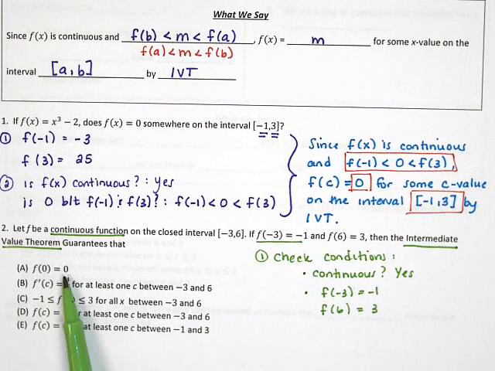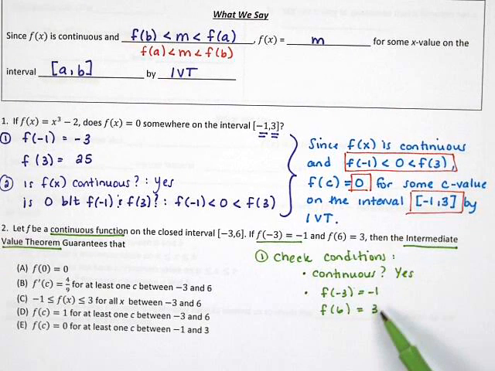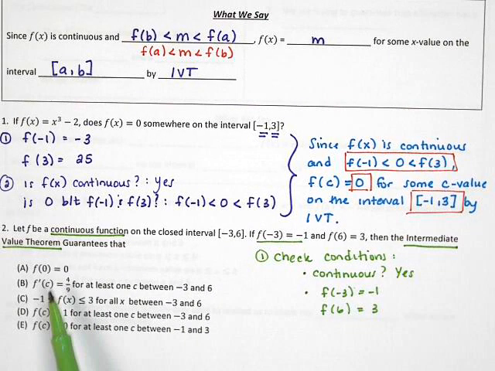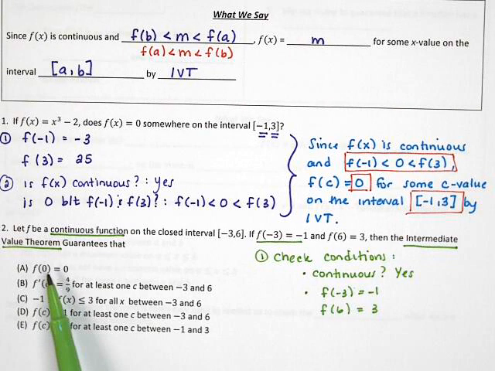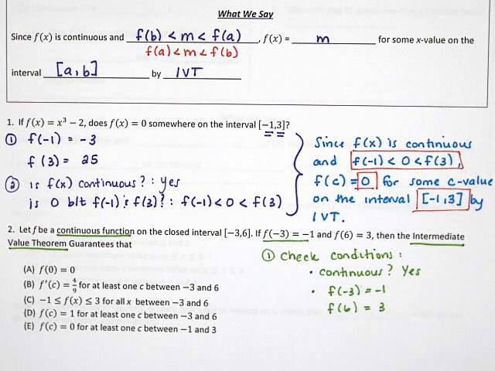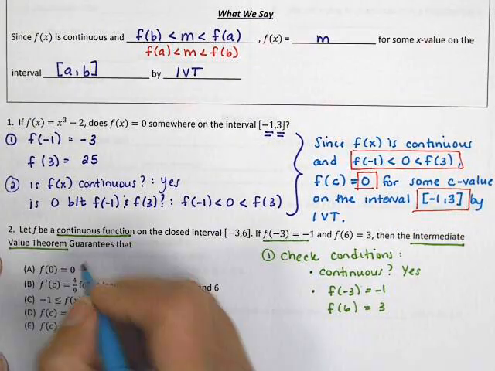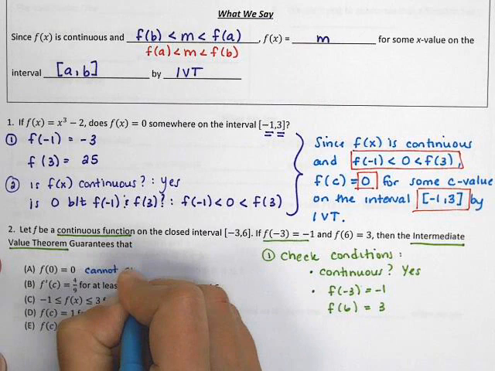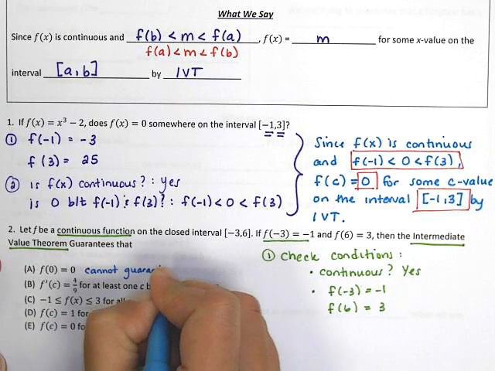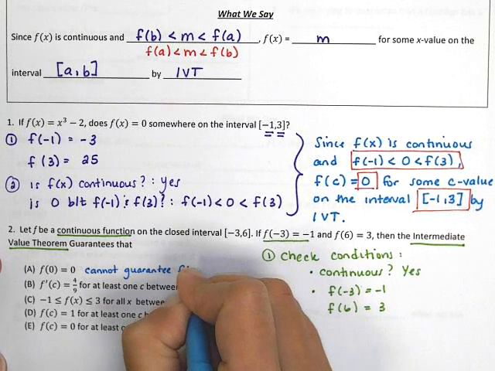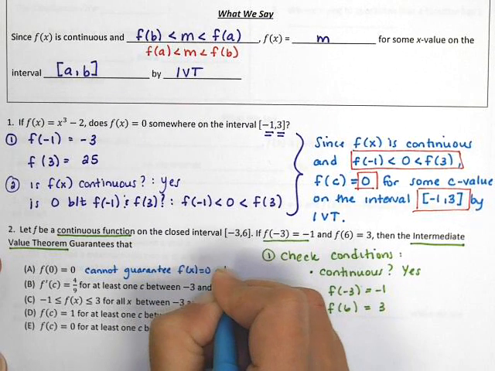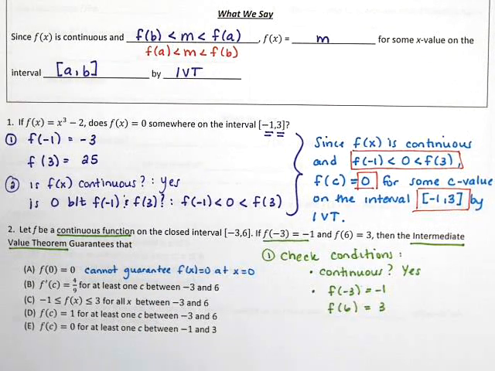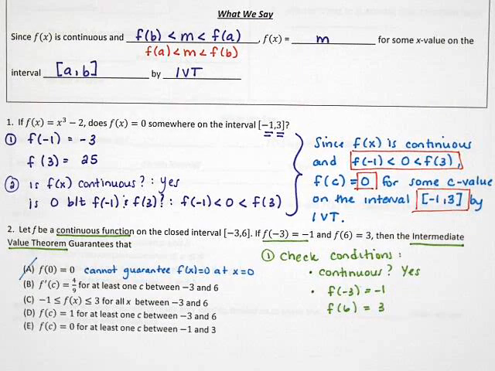Well, even though 0 is in between -1 and 3, we can't guarantee that we equal 0 specifically at 0. We just guarantee that we equal 0 somewhere. So this one, we cannot guarantee f of x equals 0 at 0. We can just guarantee it happens somewhere. So this can't be the right answer.